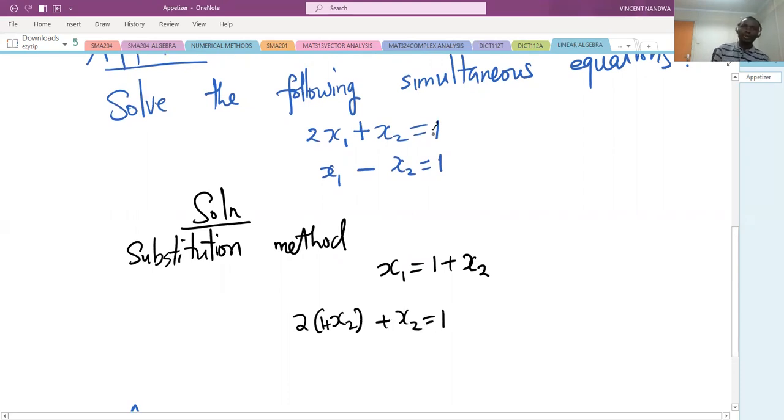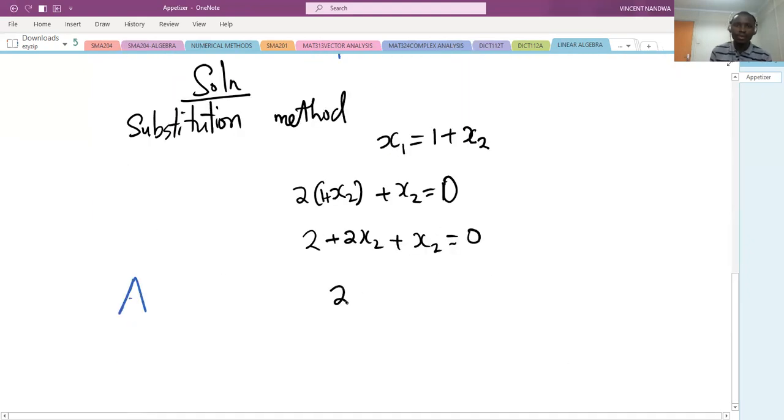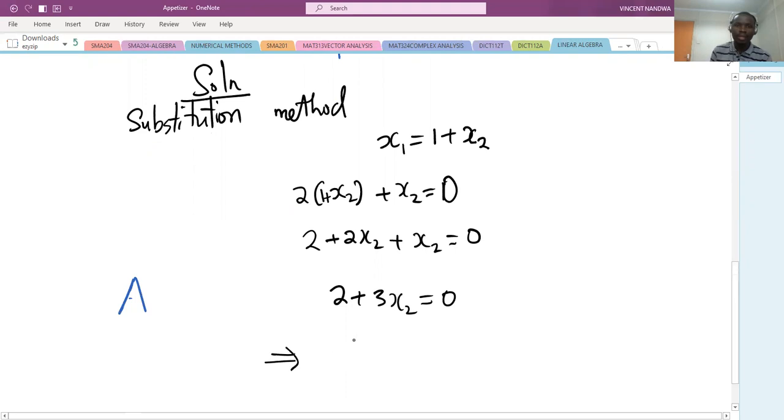So this is 0, not 1, and then I get 2 plus 2x2 plus x2 equals 0. So this would be 2 plus 3x2 equals 0, which means 3x2 equals -2. Dividing through by 3, x2 equals -2/3.